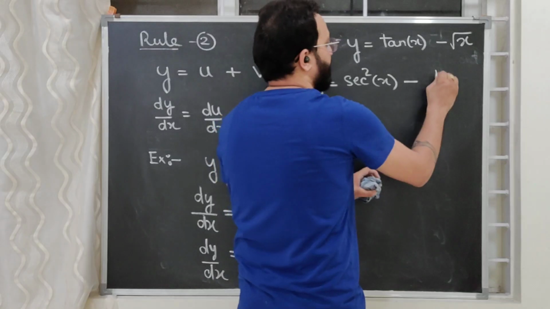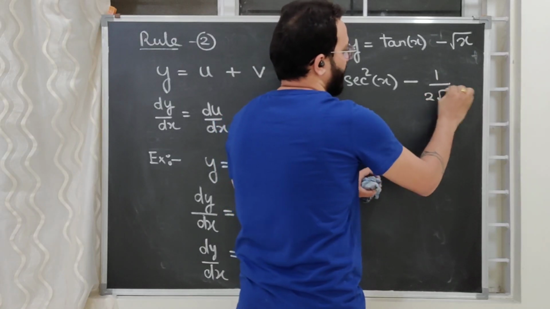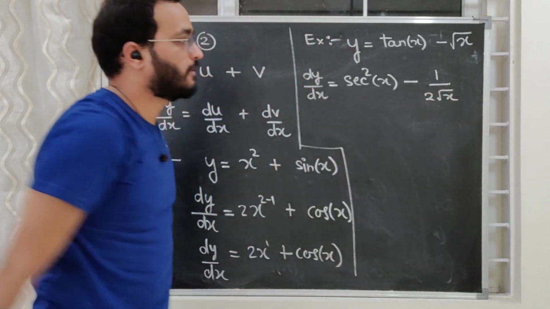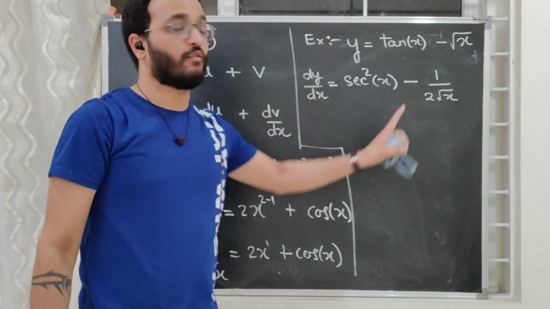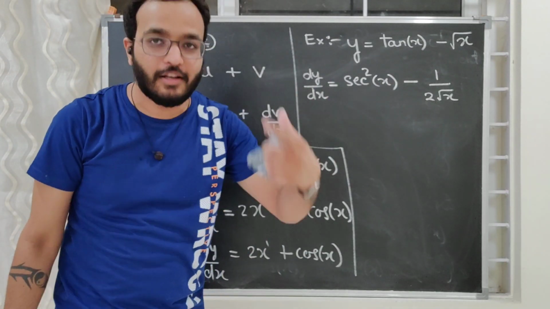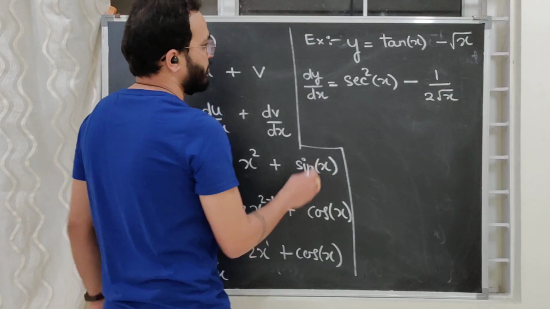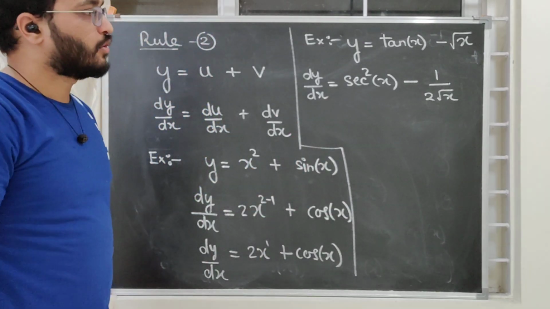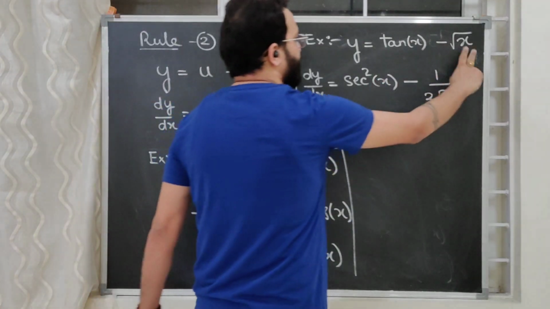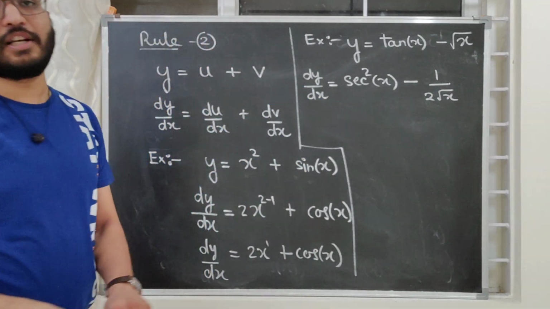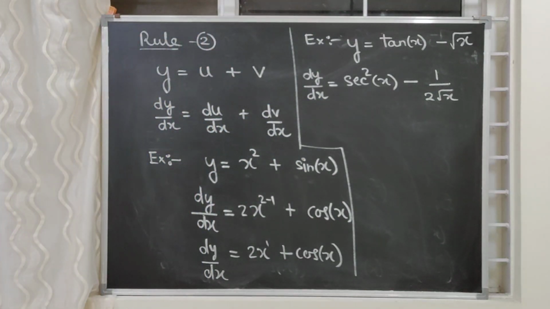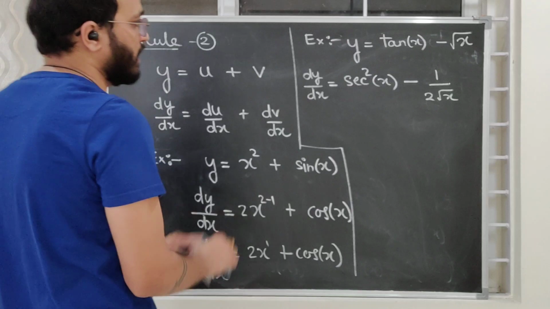So you will simply write here 1 by 2 root x. That's all. This is your answer. What it is, again we will be learning in the coming lectures. Okay. I hope this point is clear. So you see two different functions like this and you differentiate them one by one.